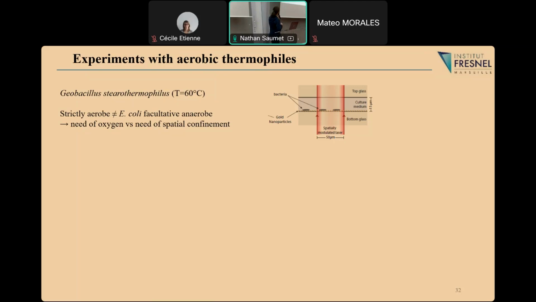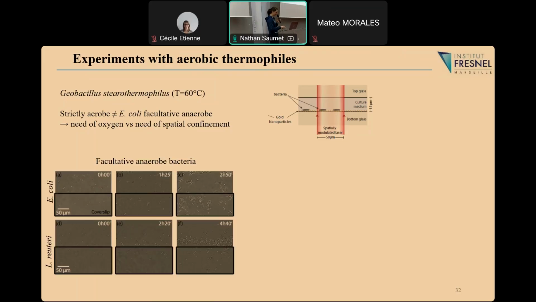And I had to deal with the need for oxygen and the need for spatial confinement in order to avoid convection. If I remove the glass here, of course the oxygen can diffuse inside, but I will have convection and I cannot see anything.